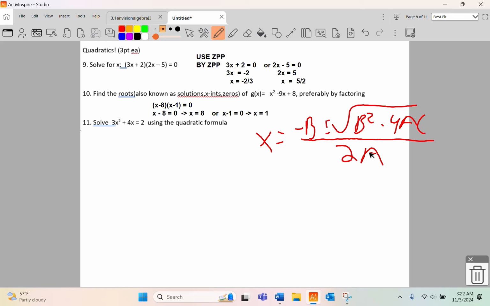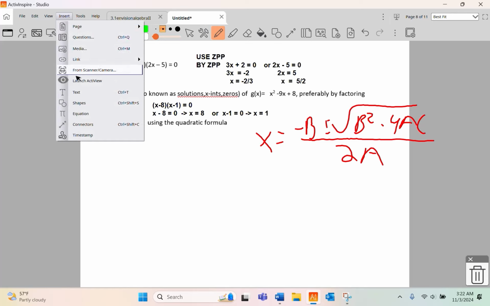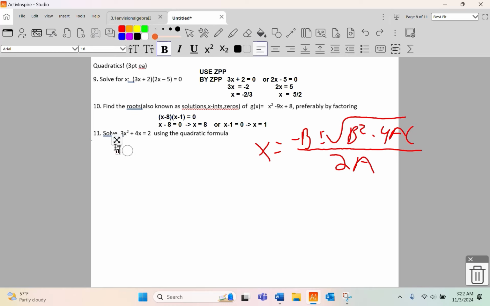Now, the problem with this one from the get-go is it's not in standard form. So we're going to have to shift that 2 over to the left-hand side. And now it is.